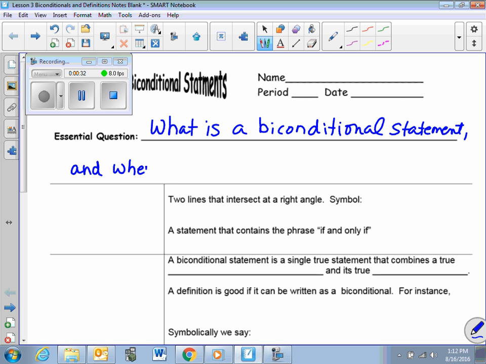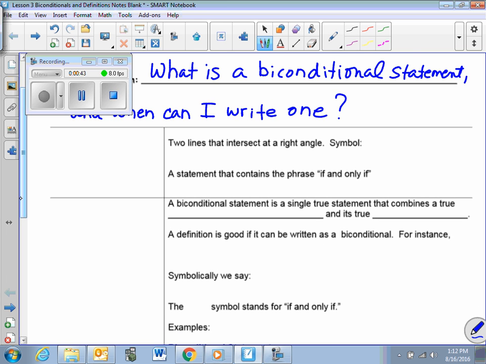And when can I write one? You can't always turn things into a biconditional statement, so we'll learn how we can. Let's start with these little definitions that we wanted to talk about.